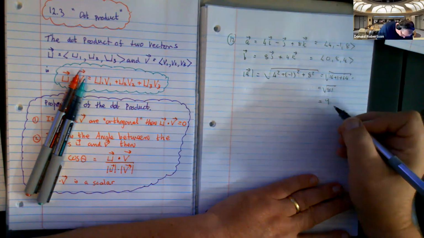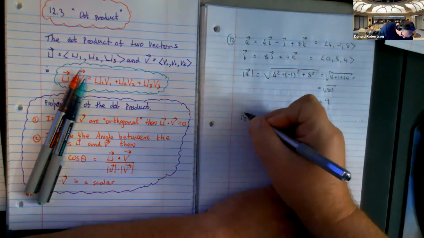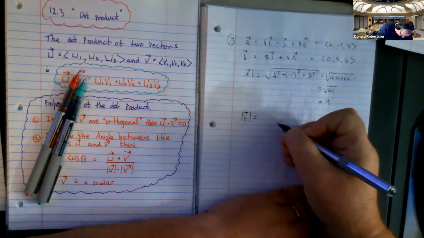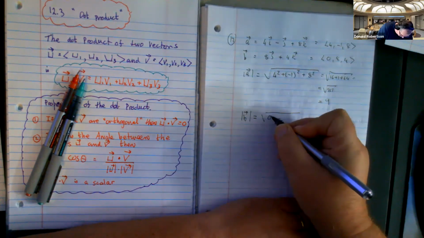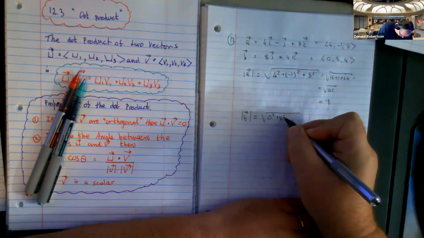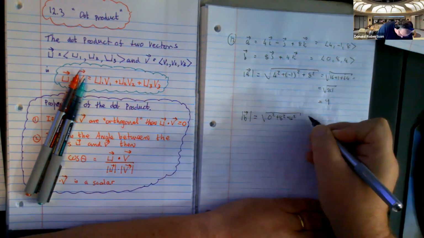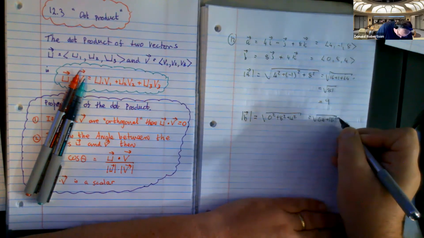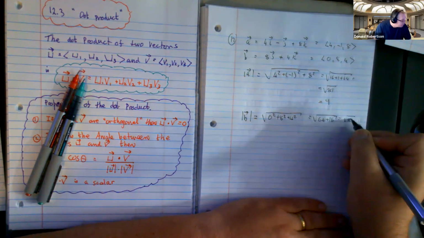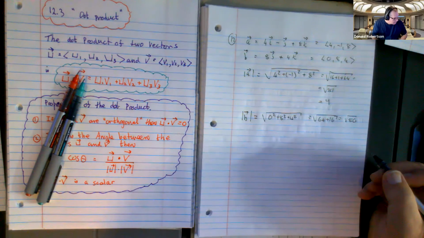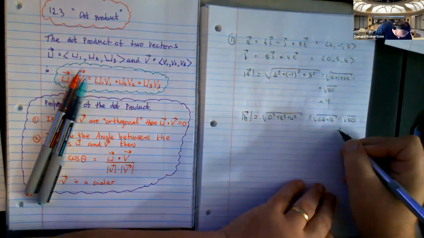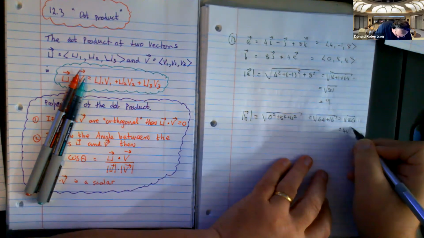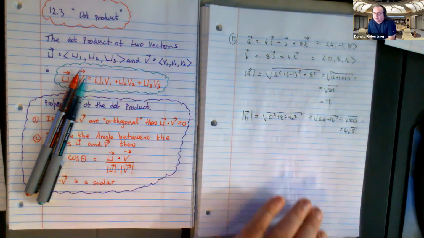That's nice. I wasn't expecting that. And the next one, technically it's 0 squared, 8 squared, and 4 squared, which is 64 add 16, which is the square root of 80. Of course, isn't that 16 times 5, which is 4 square root of 5?